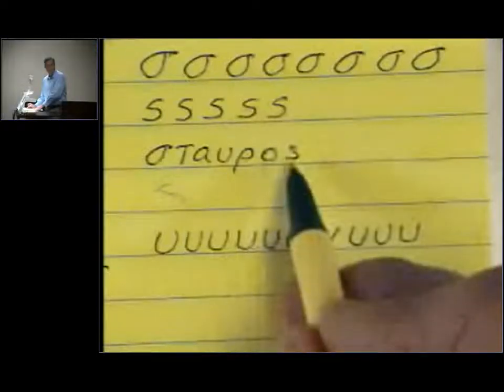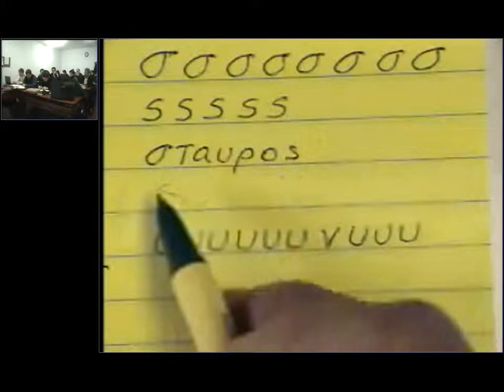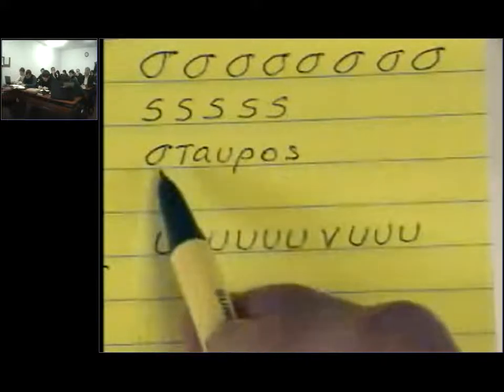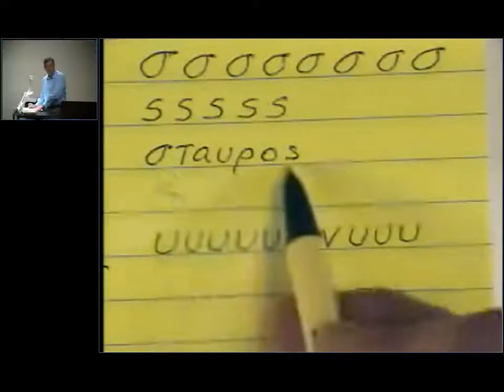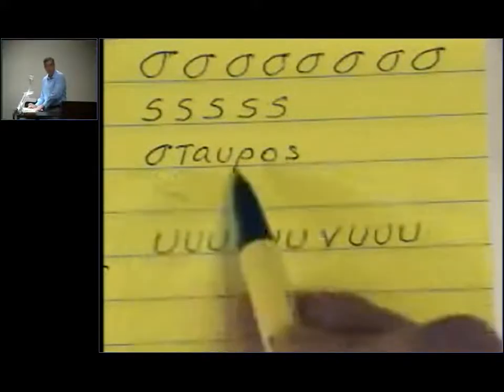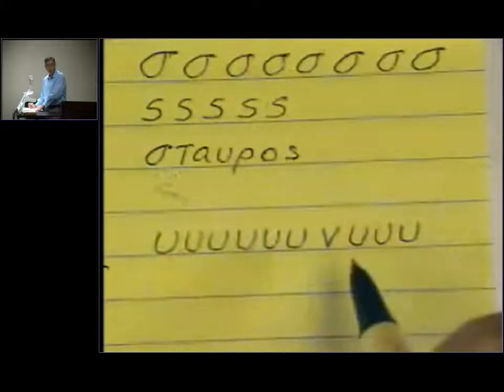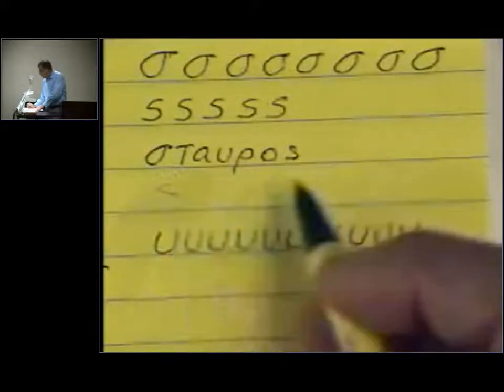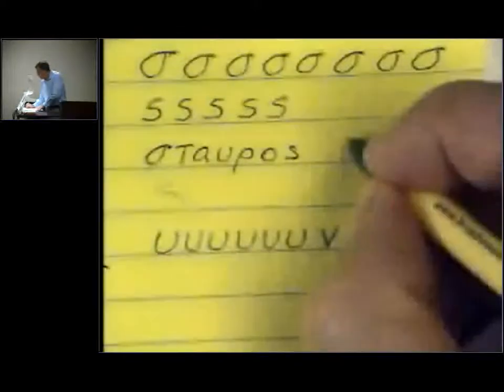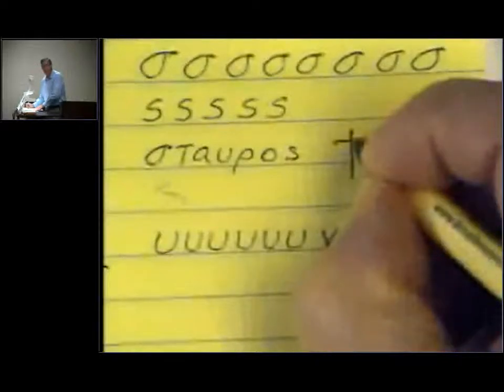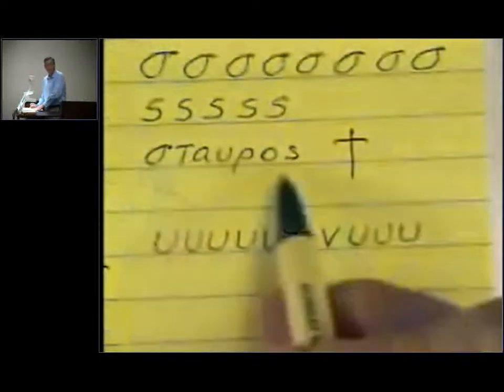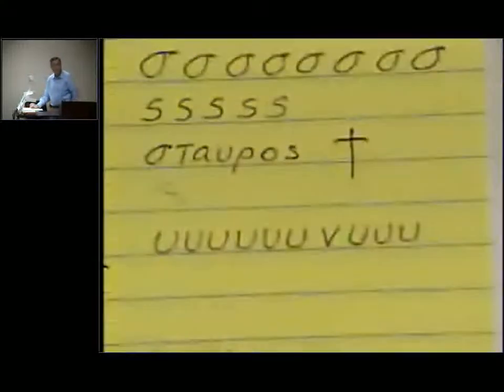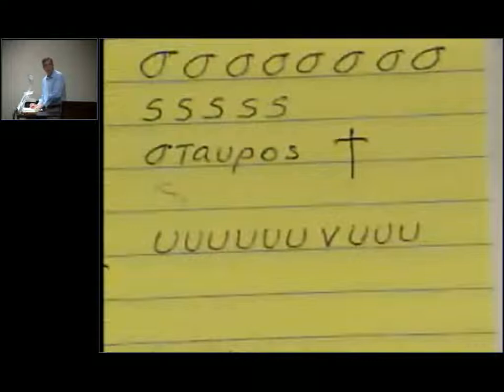So, stauros. And this is the cross that Jesus was crucified on, see? Stauros.